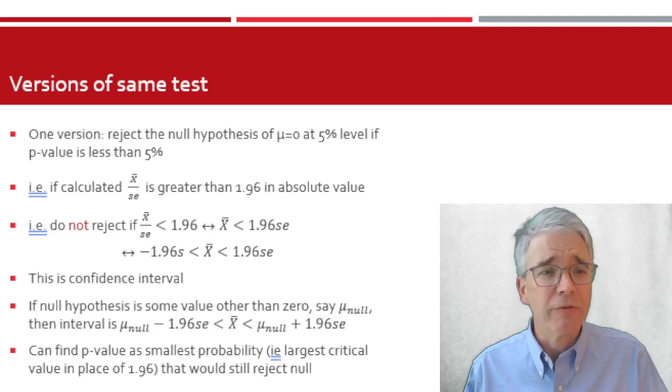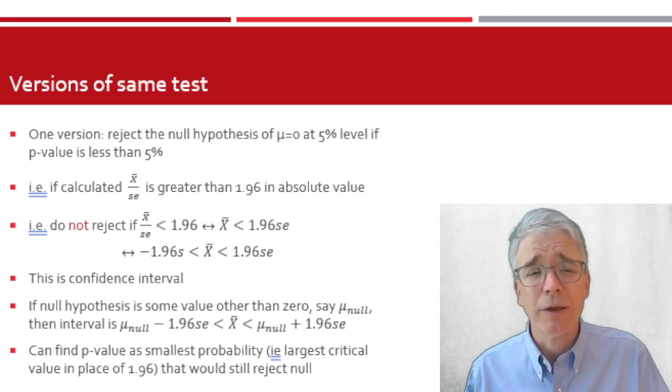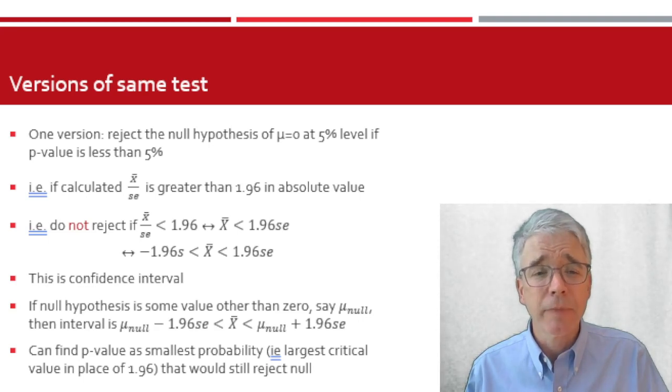Or do not reject if this ratio, x bar over the standard error, is less than 1.96 in absolute value. That is the same rule as do not reject if x bar is between minus 1.96 and positive 1.96 times the standard error. We often approximate that to twice the standard error because 1.96 is awful close to 2.